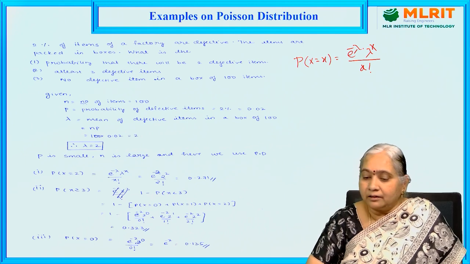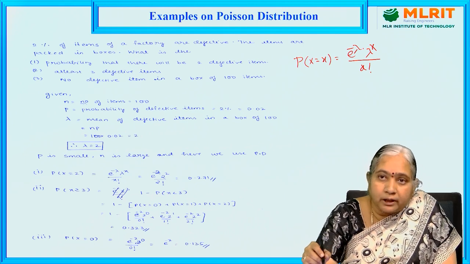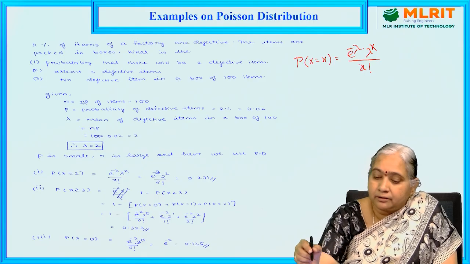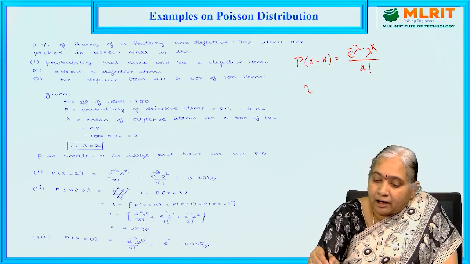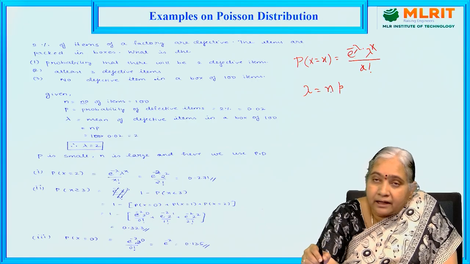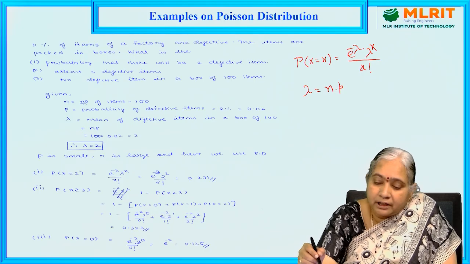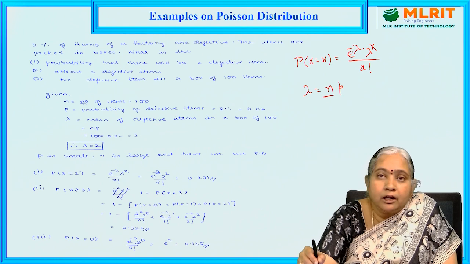This is the probability density function of Poisson distribution, where lambda is the parameter, defined as lambda equal to np. Here n is the number of times the random experiment is done and p is the probability of success. Moreover, in Poisson distribution, n is very large and the probability of success is very small, so that lambda is a finite value.